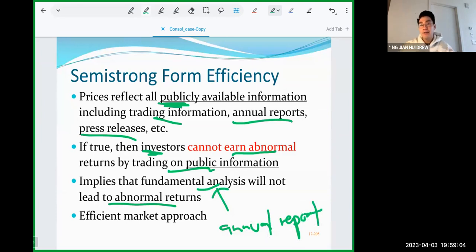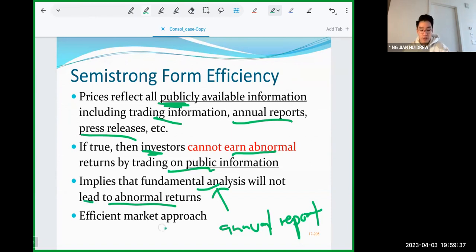And so if the market is a semi-strong form efficiency, then your information from the annual reports shouldn't give you a kind of analysis that will allow you to gain more money, right? You wouldn't say that the stock is, let's say, undervalued and then you can buy the undervalued stock. It wouldn't tell you that, right? So that's why they say that fundamental analysis will not lead to abnormal returns.